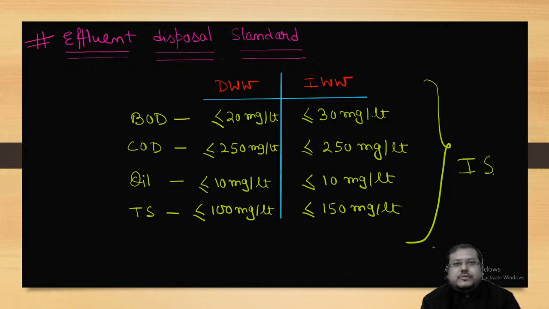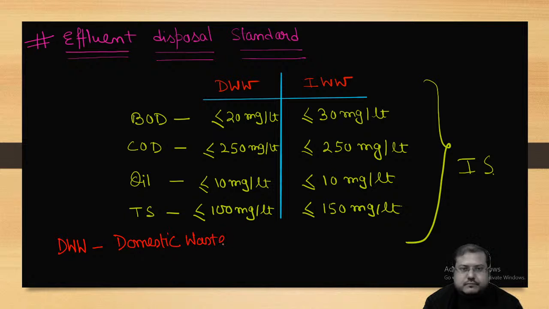Now, effluent disposal standard. Here DWW means the domestic wastewater, and IWW means the industrial wastewater.